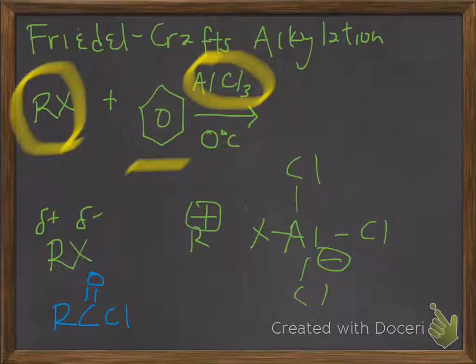So that's why it makes it really easy to tell which part of this is the E and which part is the Y. This is the E, that's the Y, which is really that X group that had been there.